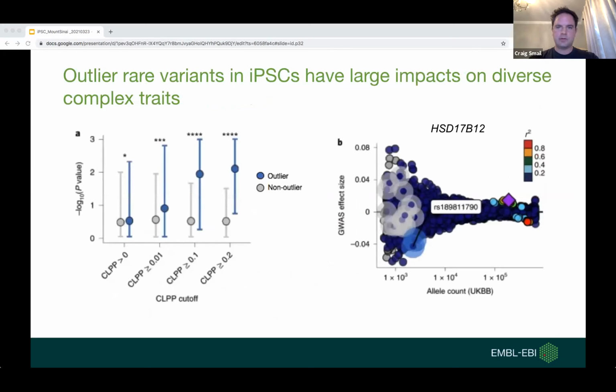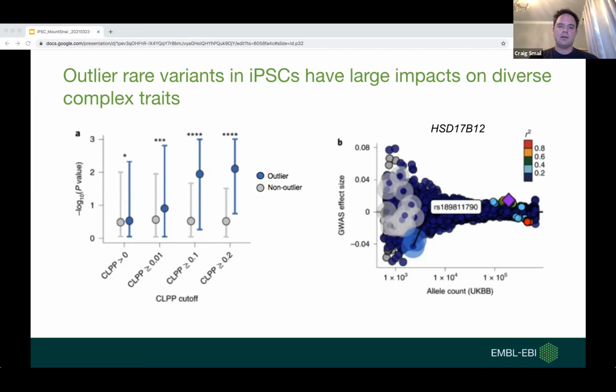Now, briefly, just switching gears to look at rare variants in common diseases and traits. So in the plot on the left, what we're seeing is the absolute GWAS effect sizes of these outlier linked variants. So these are rare variants which we identify in expression outliers in I2QTL. And those are shown in the blue lines.